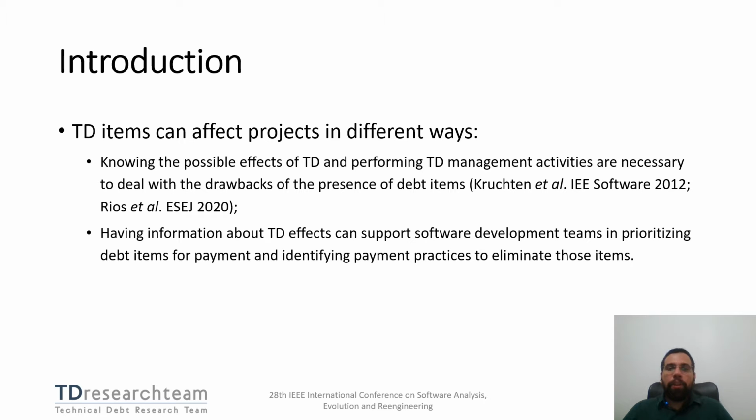Knowing the possible effects of TD and performing TD management activities are necessary to deal with the drawbacks of the presence of those items. Having information about the effects can support software development teams in prioritizing those items for payment and identifying practices to eliminate them.